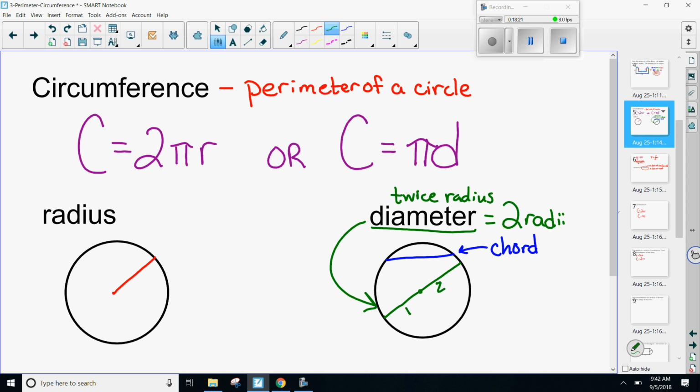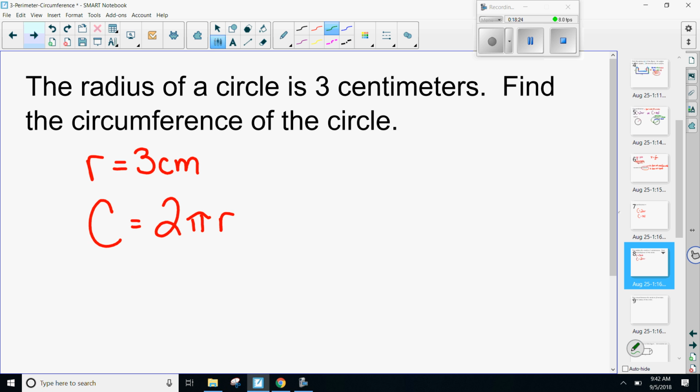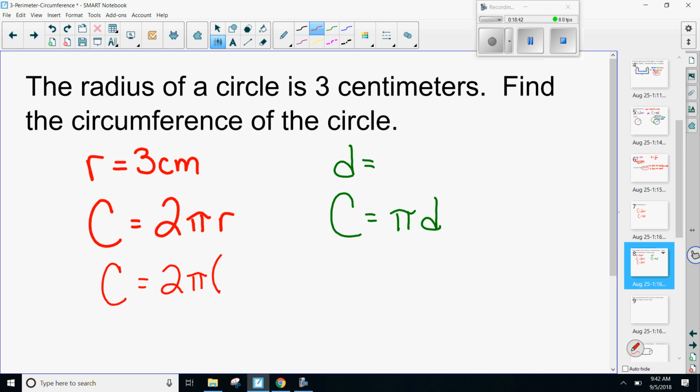So I don't care when you solve this problem if you use 2 pi r or if you use circumference is pi times diameter. But you got to find the diameter first. That's the formula you're going to use. Otherwise, we substitute in the information. 2 times pi, and your radius is 3. Now, when you multiply them, you have to simplify that.